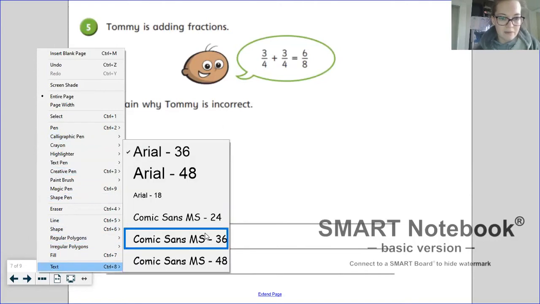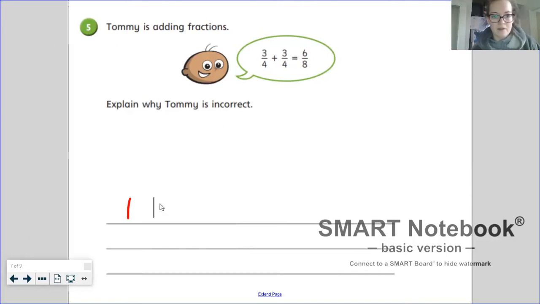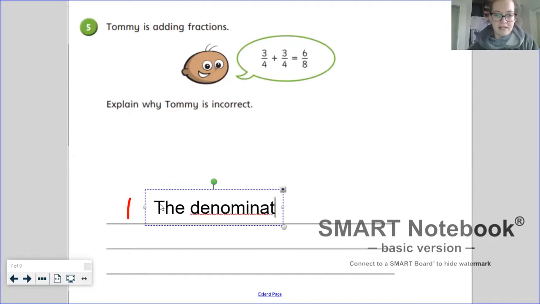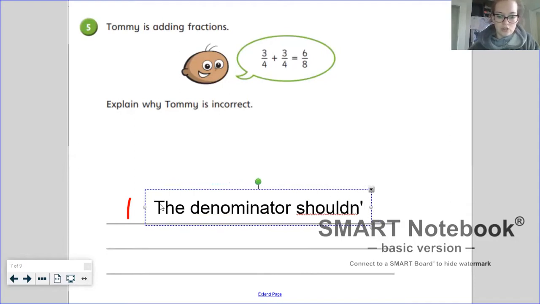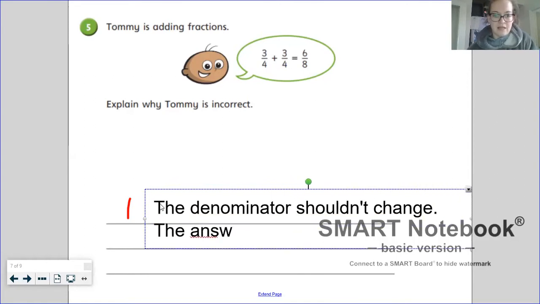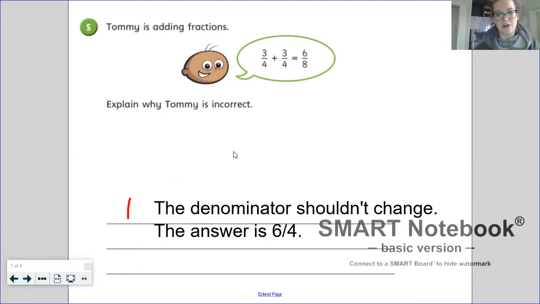Text box, there we go. The denominator shouldn't change. The answer is 6/4. Yeah, he changed the denominator, didn't he?